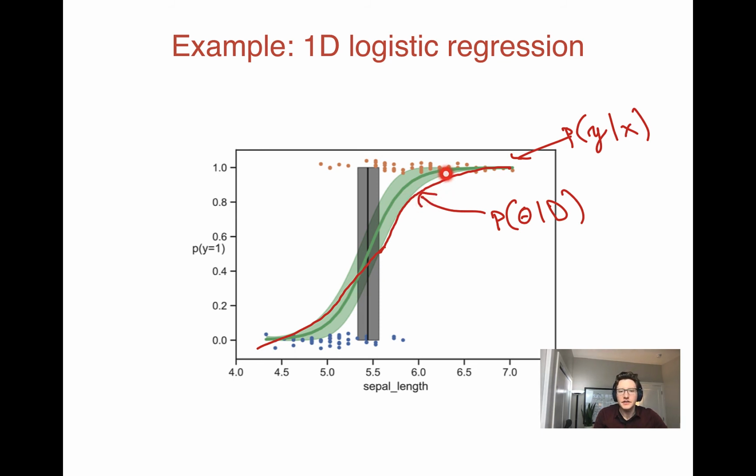You can see here, the MAP curve is very certain about what the label of this x is, whereas if we take into account the uncertainty in the parameter, we're going to get a little bit more uncertainty in the label once we calculate p of y given x.